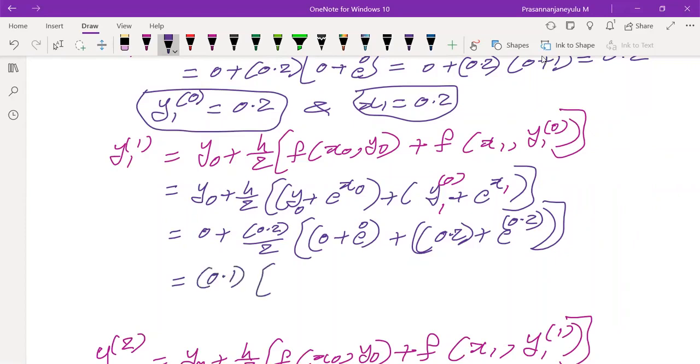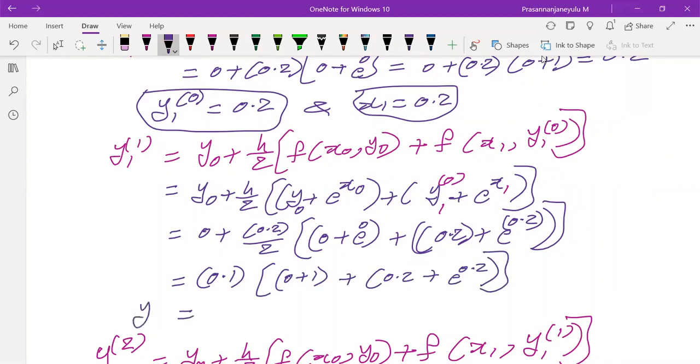The first term becomes e power 0, which is 1. 0 plus 1 plus 0.2 into 0.2 plus e power 0.2. So use your calculator and find out the value.